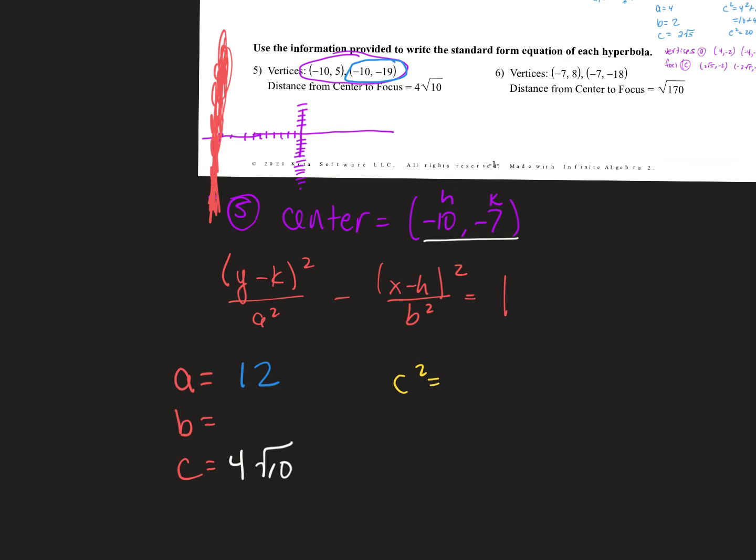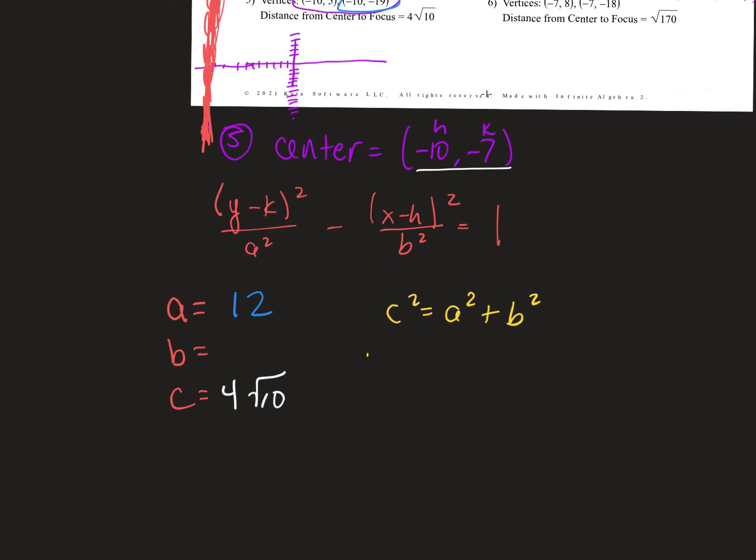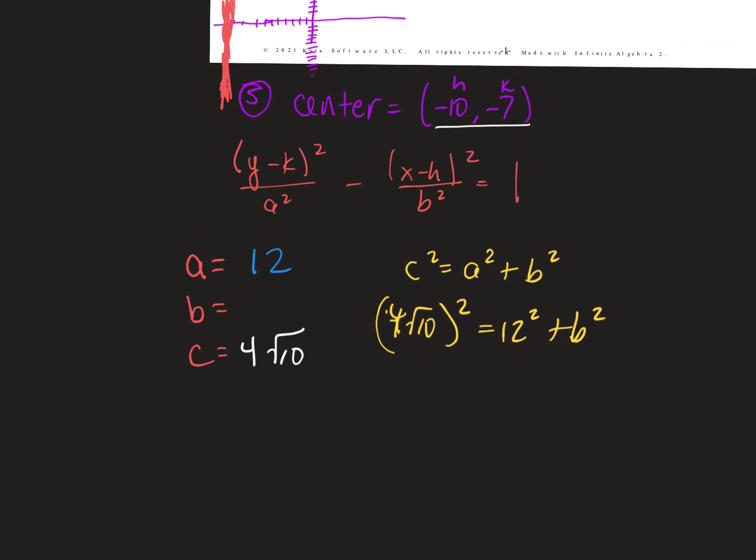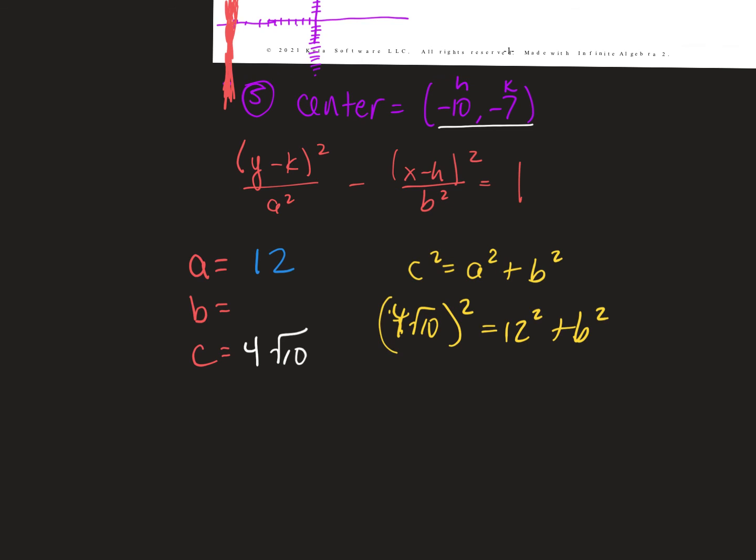c squared equals a squared plus b squared. So 4 root 10 squared equals 12 squared plus b squared. If I have 4 radical 10 squared, this 2 goes to the 4 and to the what? Okay, so 4 squared is 16.